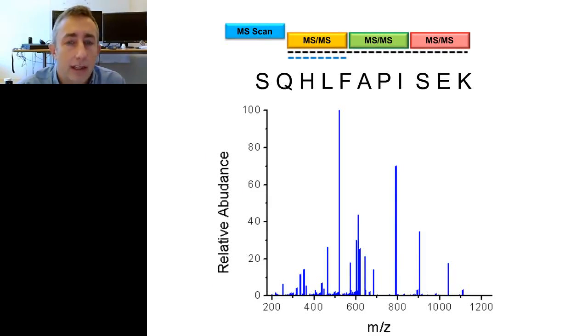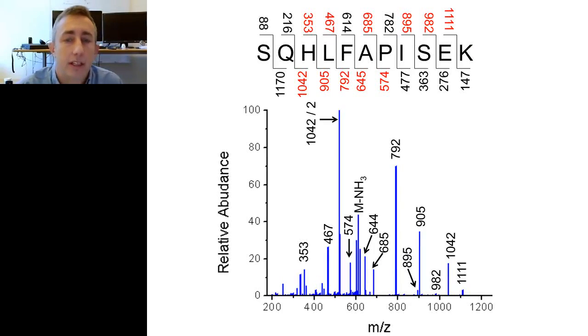Okay, so why do we want these fragmentation data? We collect a mass spectrum and multiple MSMS spectra, and for an individual peptide sequence we have an MSMS spectrum. We get a spectrum that looks like this, and the reason it's valuable is that for an individual peptide sequence, we have two sets of ions that form between each individual amino acid.